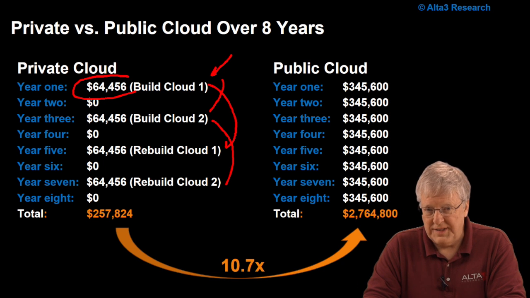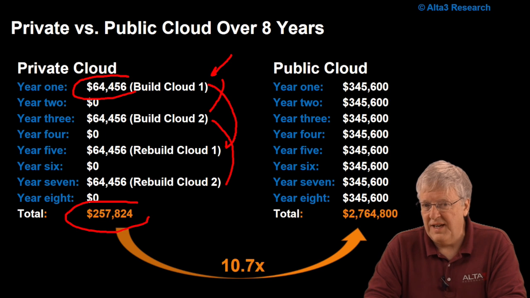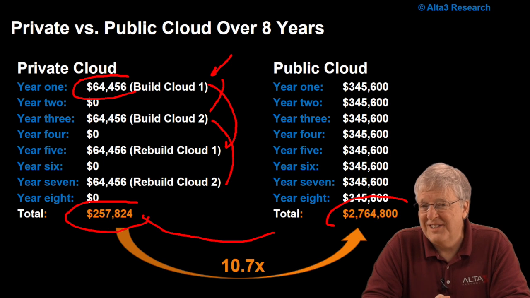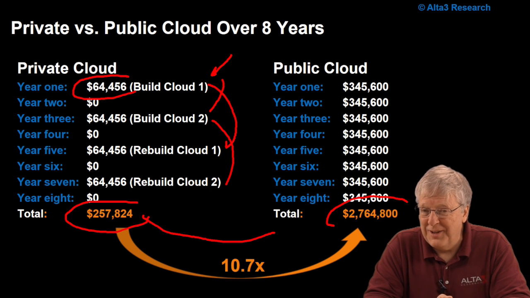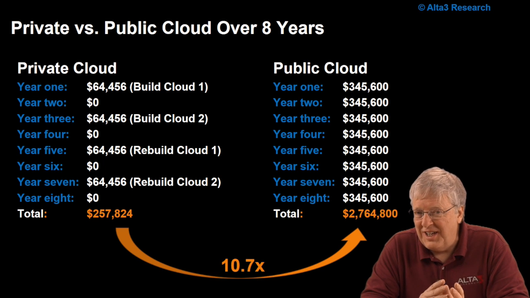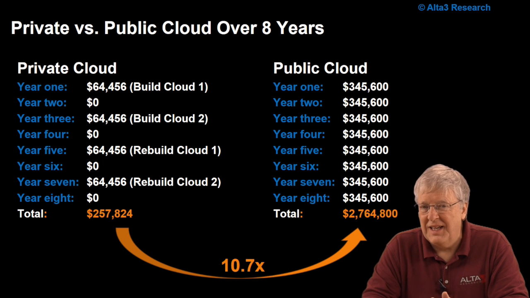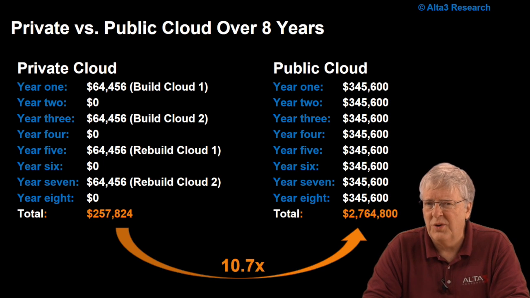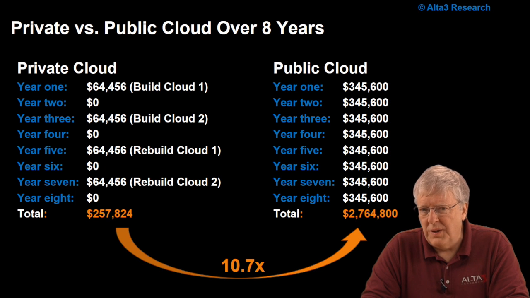Now contrast that $257,824 to the Amazon $2,764,800 bill. And it just affirmed everything that I was thinking, that I can build a private cloud for way less than I can rent one.